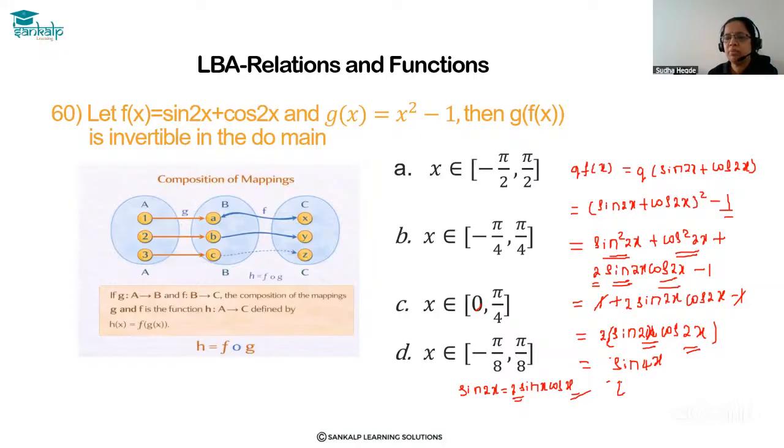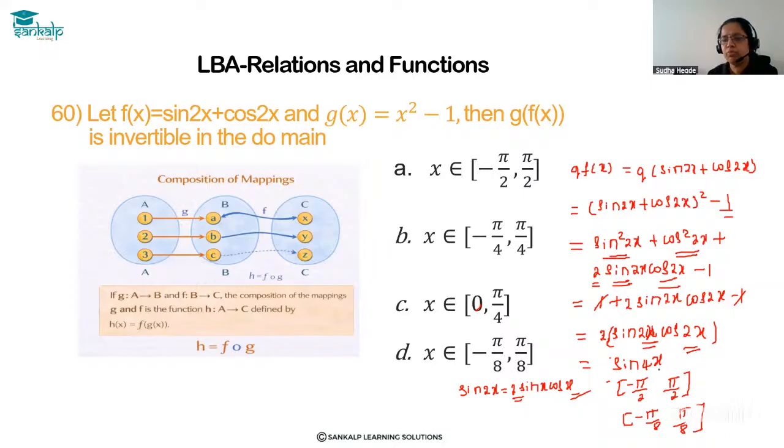But sine is bijective in the domain. Can you tell me what is the domain of sine x? It is minus pi by 2 to pi by 2. Same way, can you tell me sine 4x is bijective in the place where it is minus pi by 8, pi by 8. Got it right?